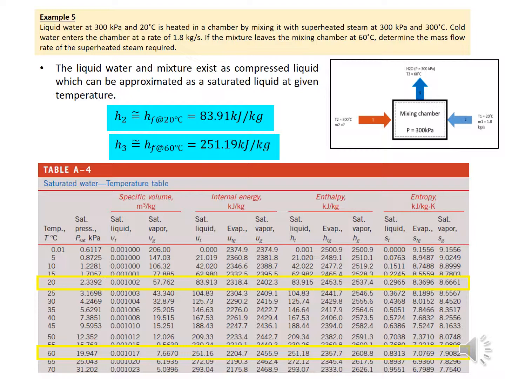At point 2 is liquid water. At point 3 is mixture. We can say that at point 2 and point 3 the water approximately exists as saturated liquid at the given temperature.